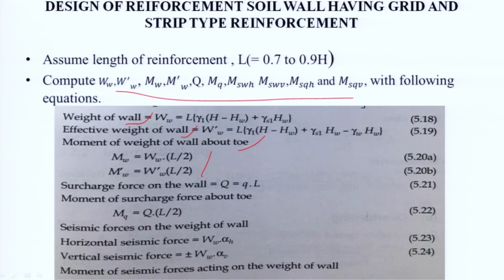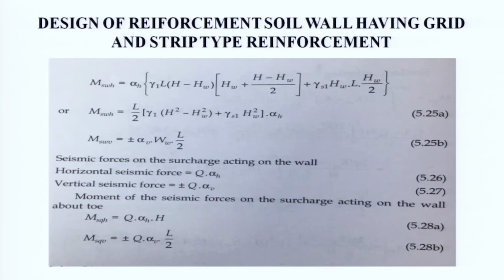So, here the seismic forces on the weight of the wall, the horizontal seismic force will be W into alpha H, and for the vertical forces that will be plus minus W into alpha V. So, the moment of the seismic forces acting on the weight of the wall, we can calculate as MSWH and MSWV.